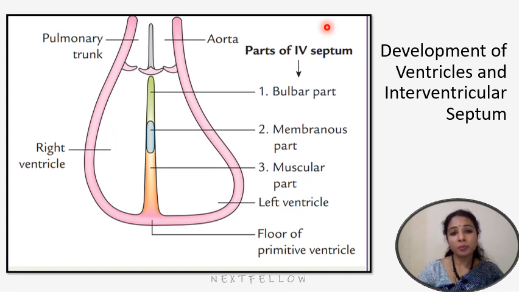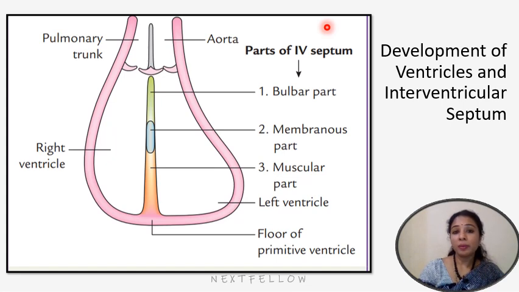The membranous part of the interventricular septum closes the interventricular foramen, completing the partition of the ventricles. The gap between the upper edge of the muscular part and the lower end of the bulbar part is filled by proliferation of the right side of the AV cushions and the right and left bulbar ridges.